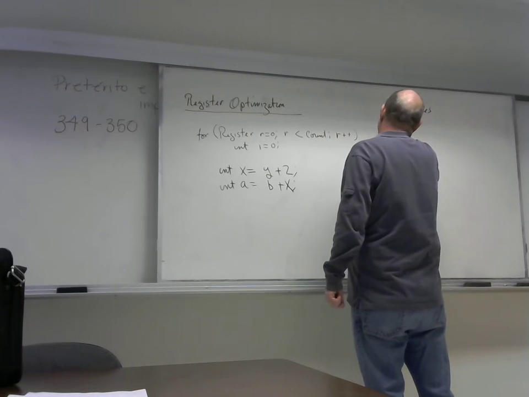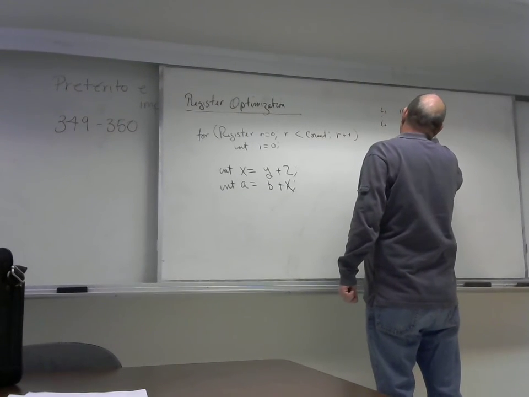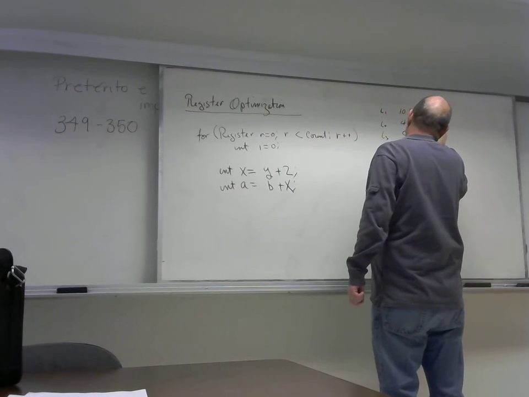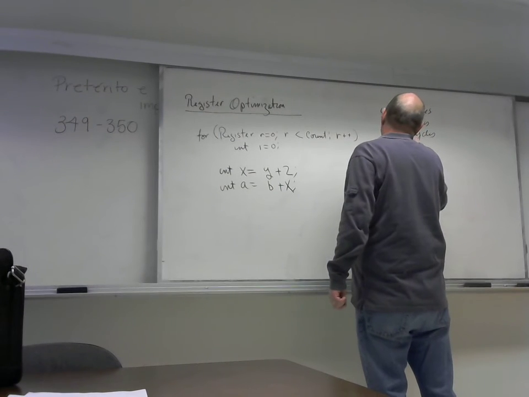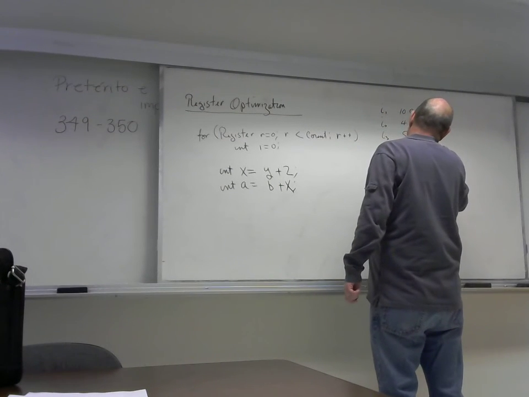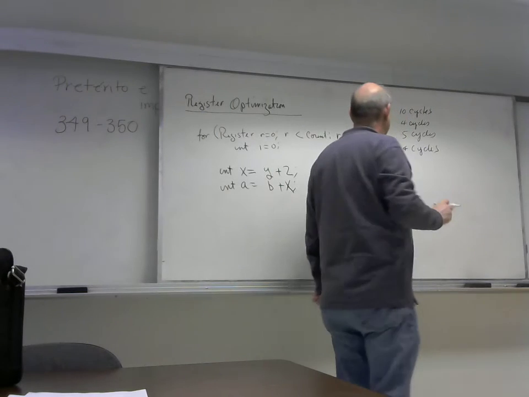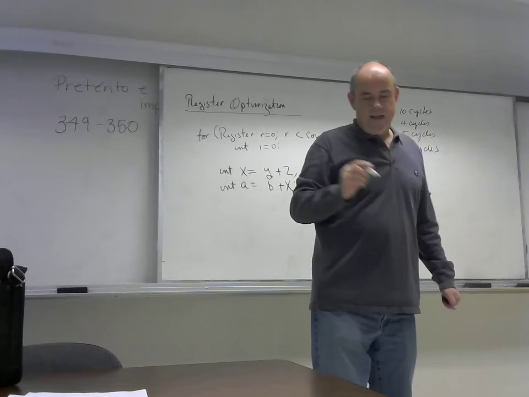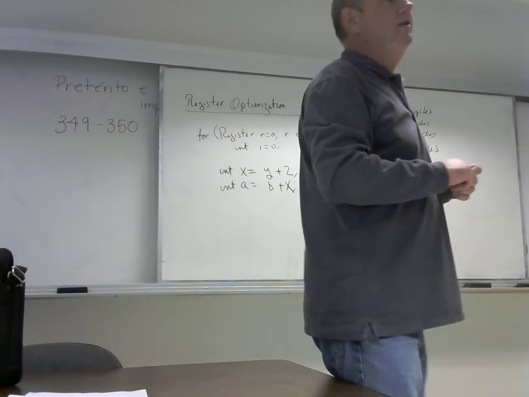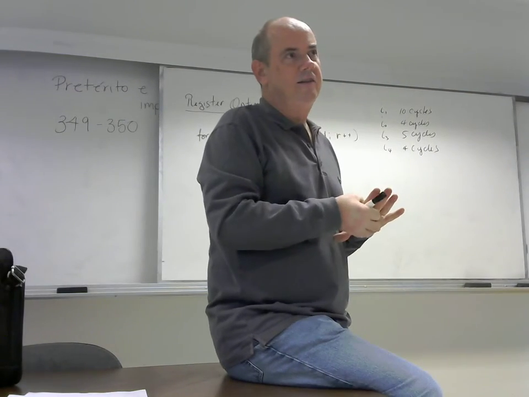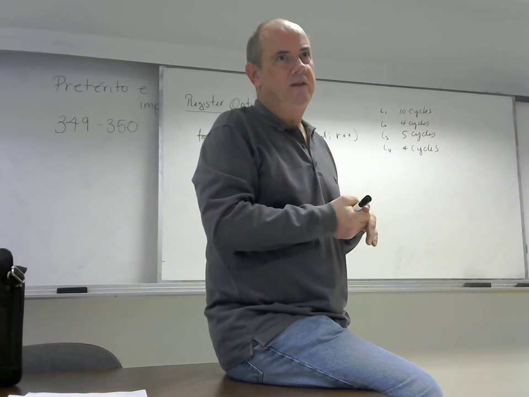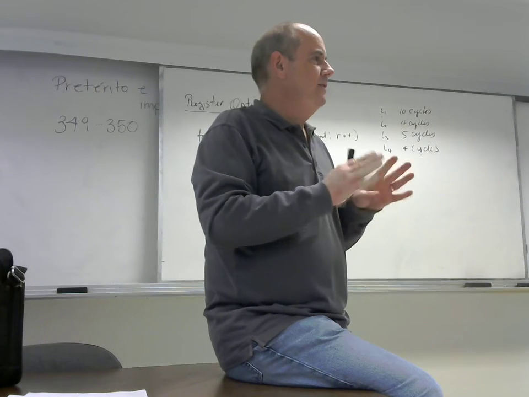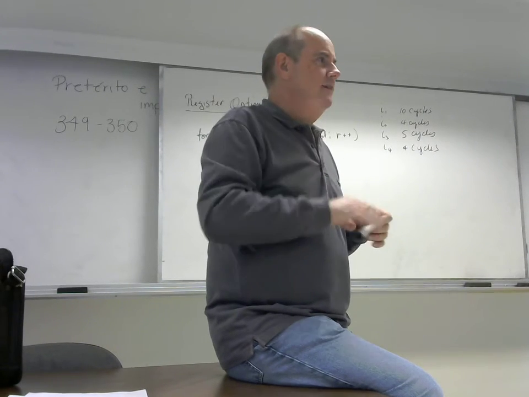And we have I2 and it needs 4 cycles. And I have I3 and it needs 5 cycles. And I4 and it needs 4 cycles. If I do these all at once, is there a way that I can get it so that the average instruction is less than 1 clock cycle? Is that possible? Can I get it down so that the average instruction executes in less than 1 cycle?